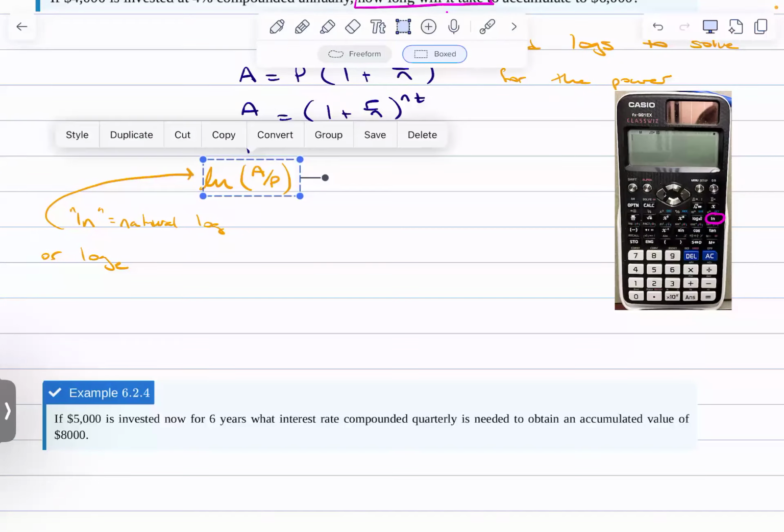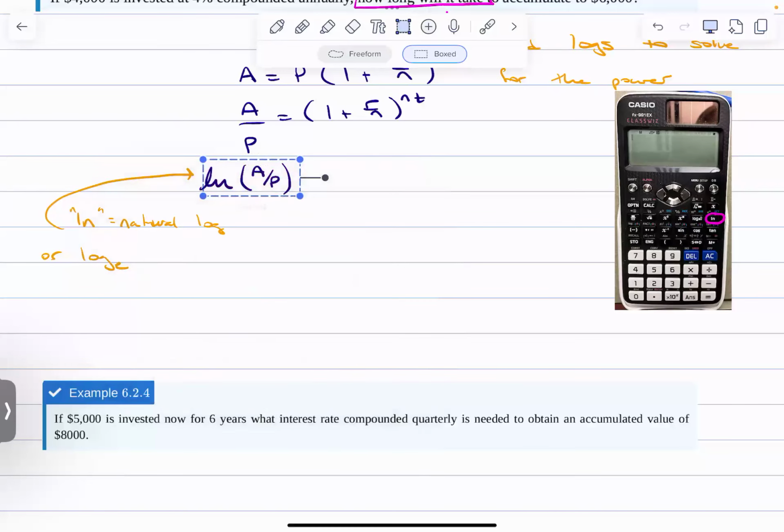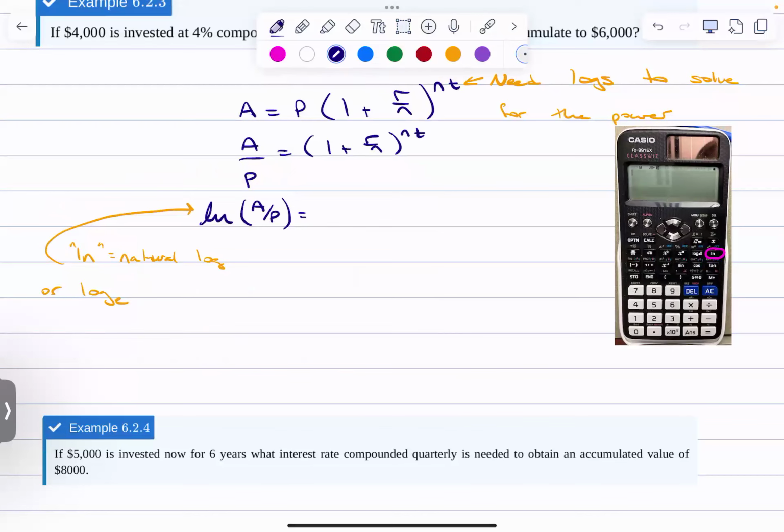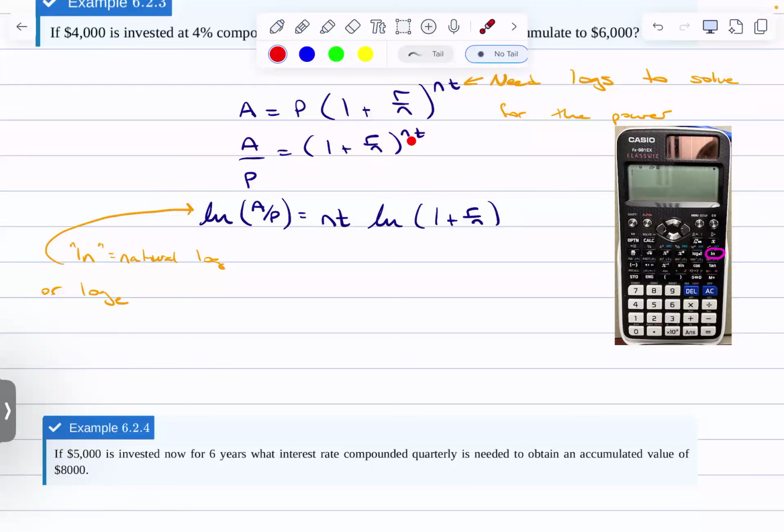And this was orange, but I'll change it back to blue. Taking the LN on both sides. Now, the reason we use logs, and logs are really fun, and I wish we had time to do logs properly in class, is because the natural log or any log brings this power down in front.